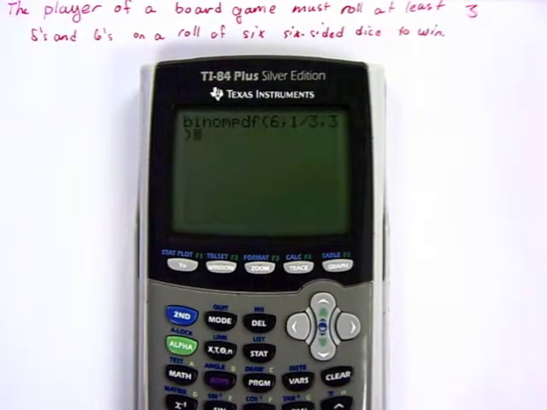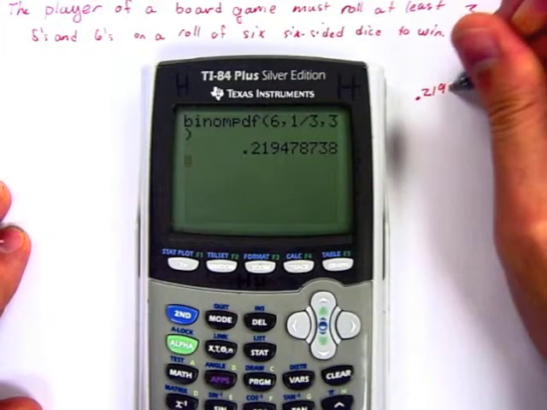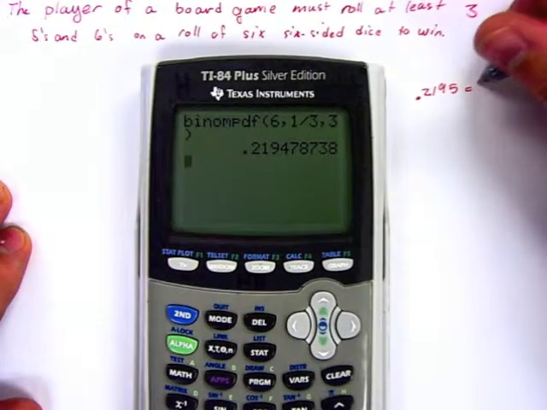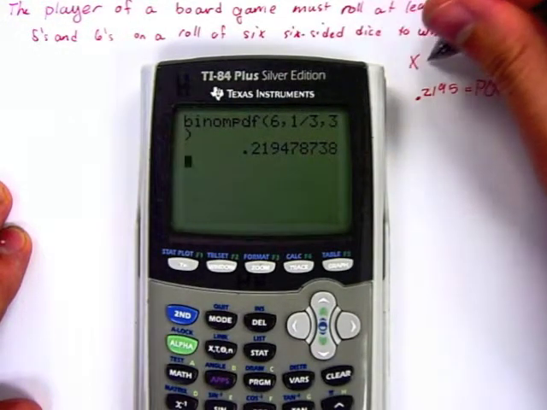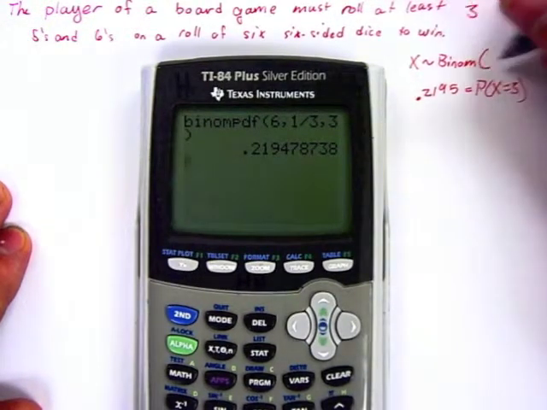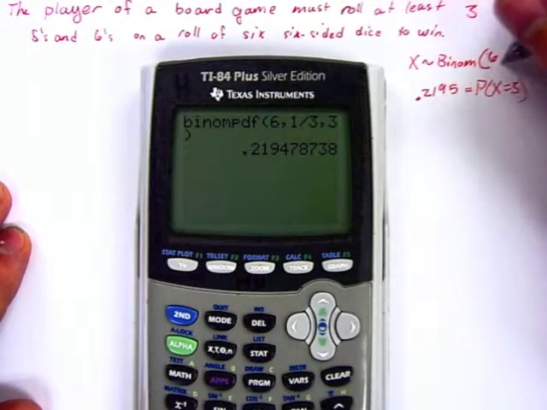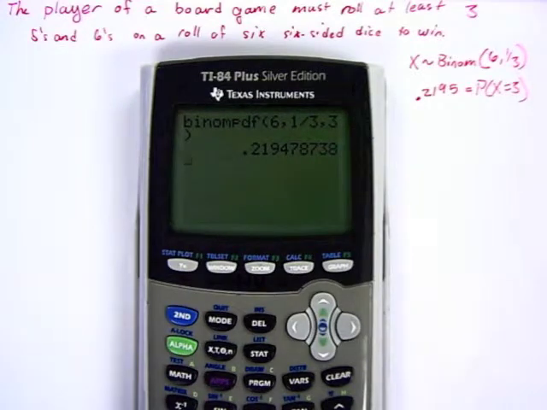We can go ahead and paste that and press enter, and we can see that our total is about 0.2195, and that's for the probability that X is equal to 3, where X is approximately binomial with n trials, 6 trials, and a probability of success of 1/3. I'm just writing this down as we go so that we can keep track of these different numbers.